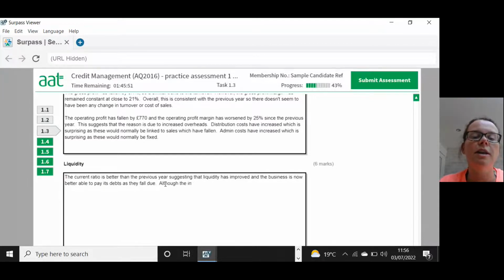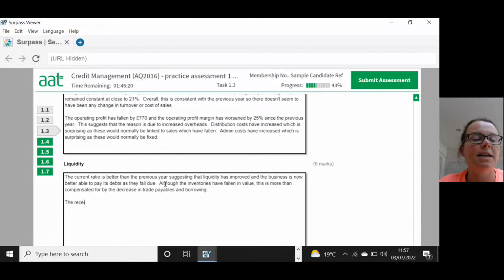So although the inventories have fallen in value, this is more than compensated for by the decrease in trade payables and borrowing. Right, and then leave a gap. Paragraphs, make it clear to the examiner you're on to the next bit now.